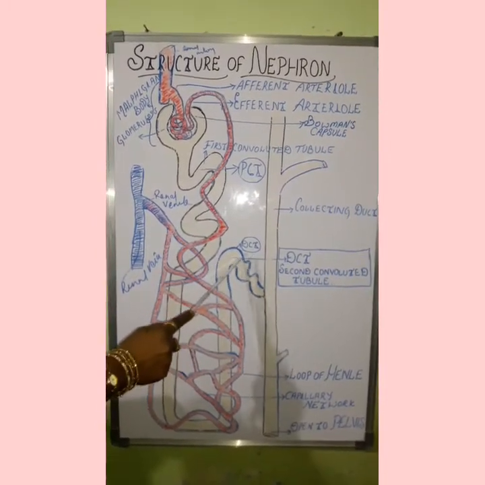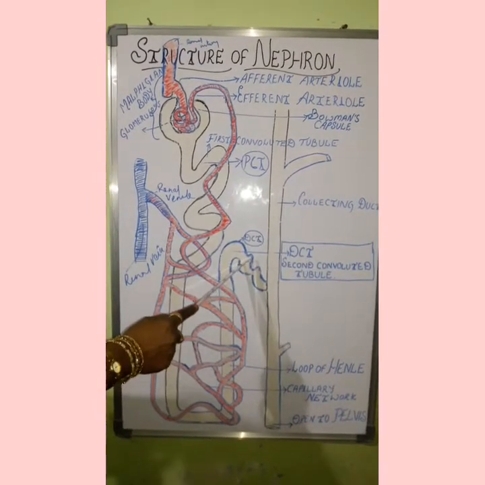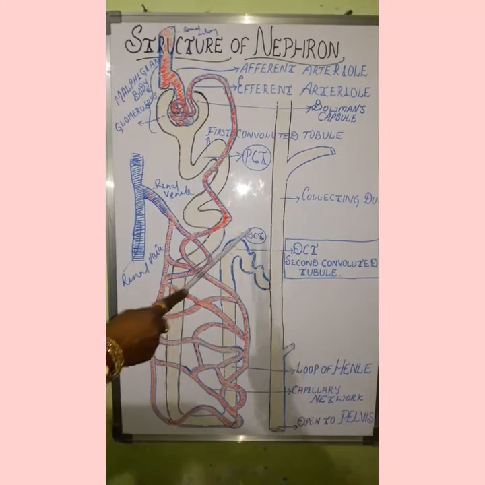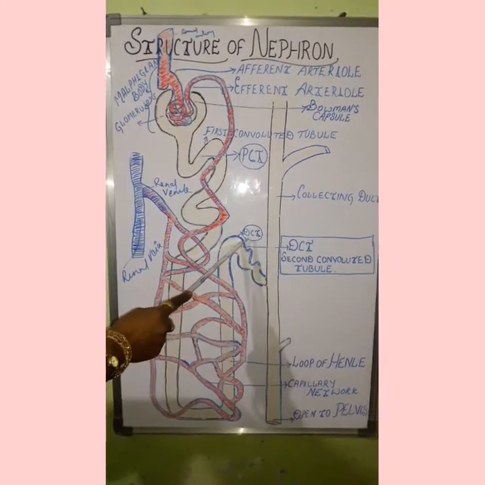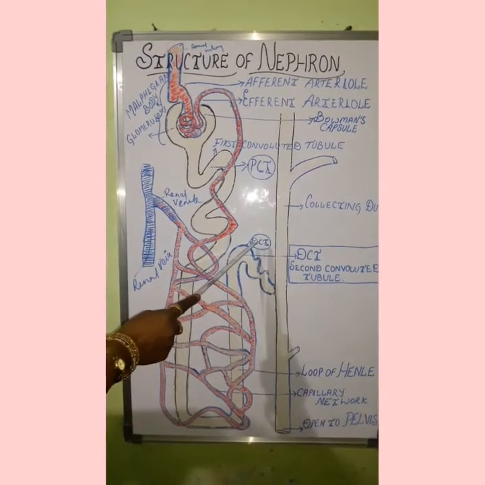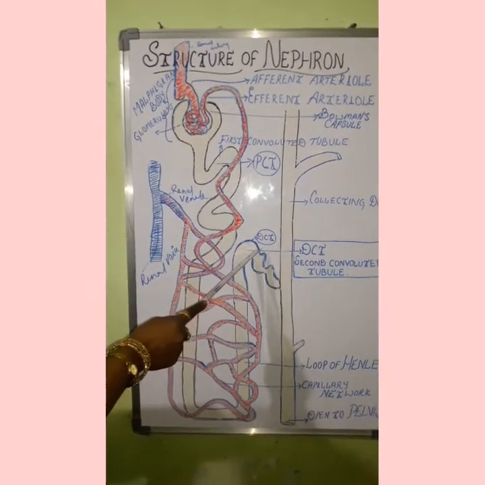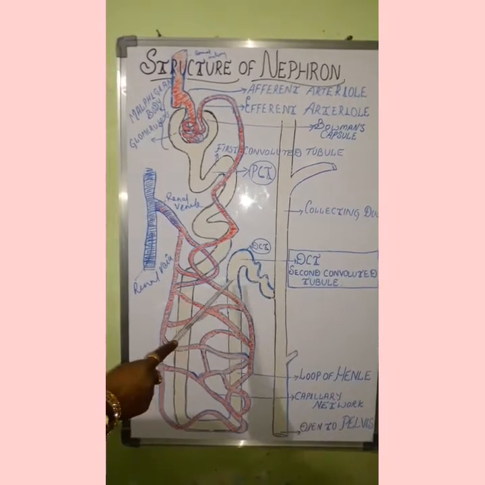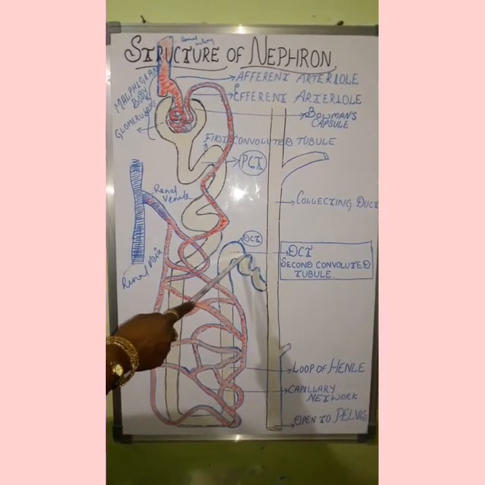Here, salts like ions of potassium, calcium, chlorides and H+ are secreted from the peritubular capillaries into the DCT.